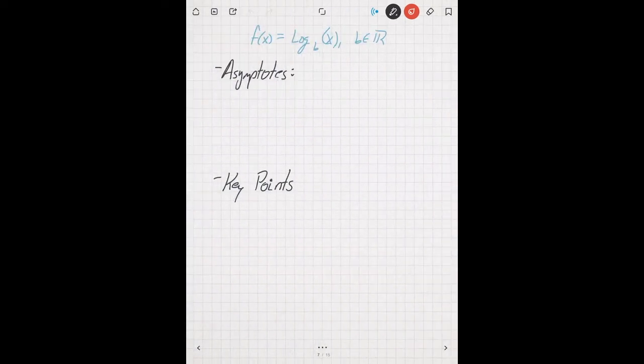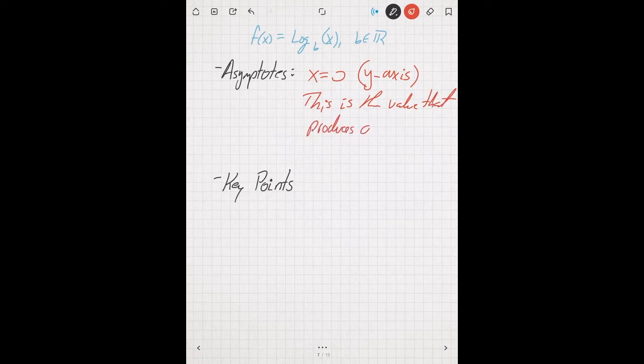Now let's take a look at some more key features. We already said that there is in fact an asymptote, and that's at x equaling 0. Okay? We have this x equaling 0, which is, by the way, the y-axis, as an asymptote because this is the value that produces a contradiction.